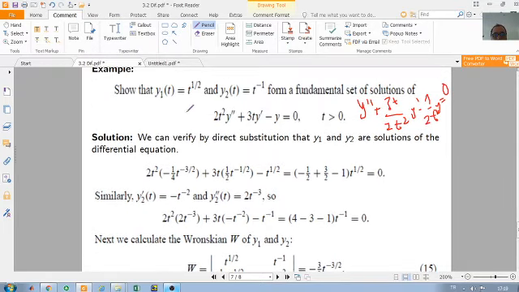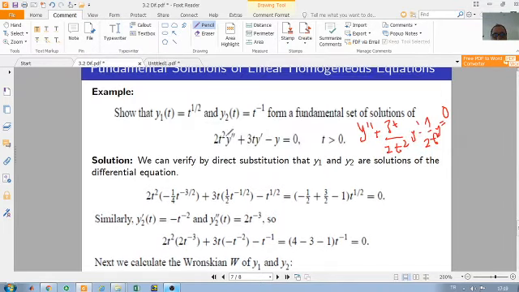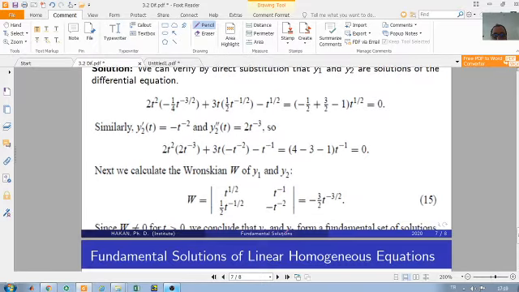We know y1 is t to the power 1 over 2, y2 is t to the power minus 1, and the derivatives are written in the second row, and the determinant of this 2 by 2 matrix will be minus 3 over 2 times t to the power minus 3 over 2.